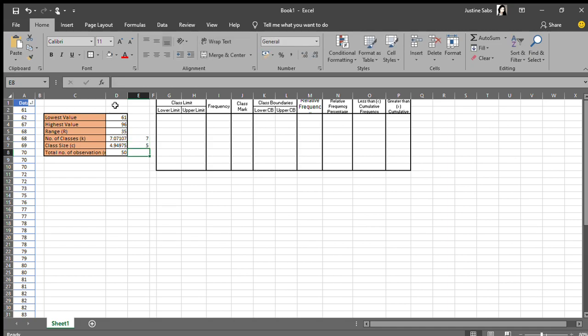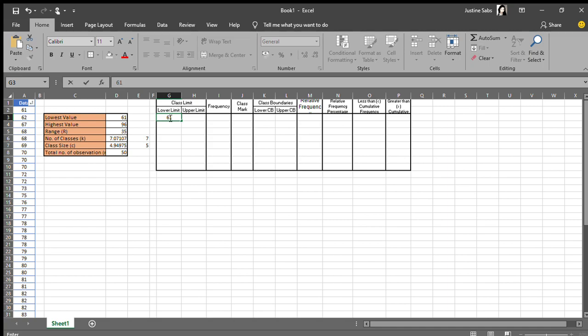After setting this, we can now determine the lower limit. In some textbooks, you will read that there's no particular rule on how we determine the first lower limit. Here, to generalize, we will use the smallest value in our data set as the first lower limit.